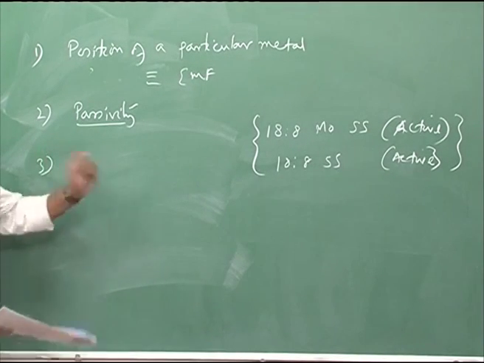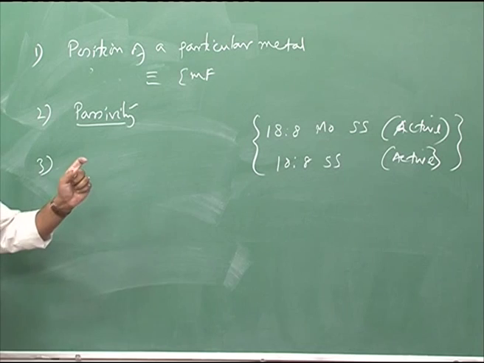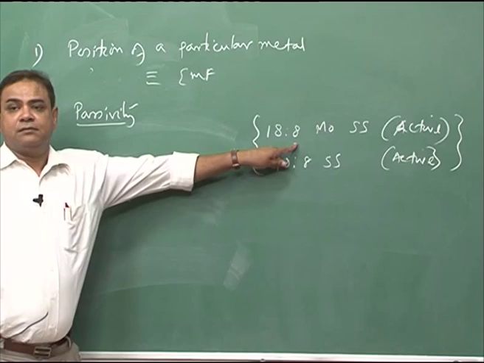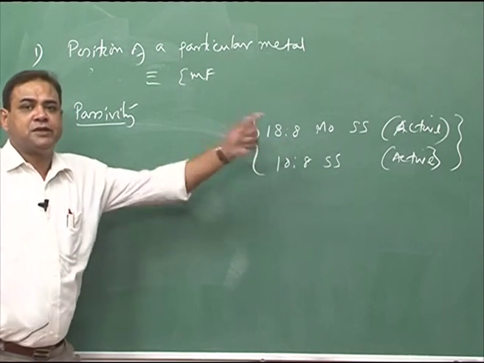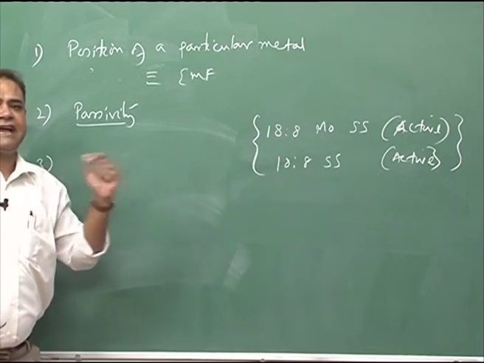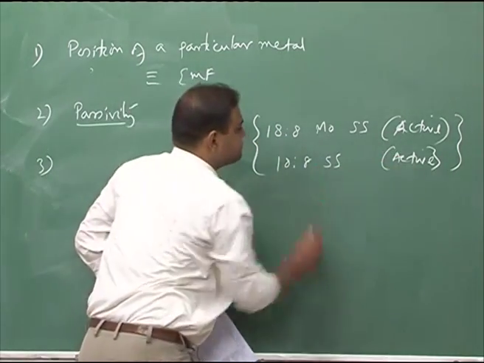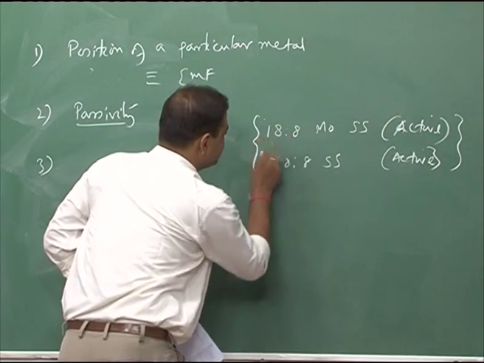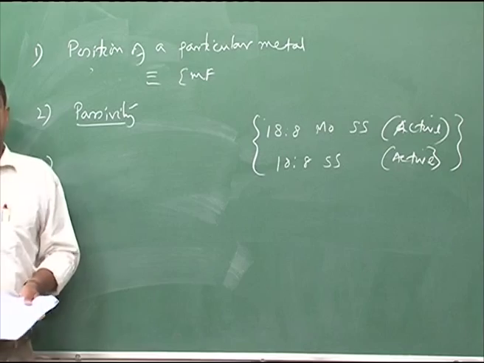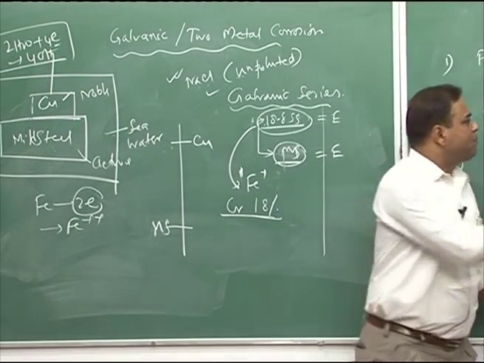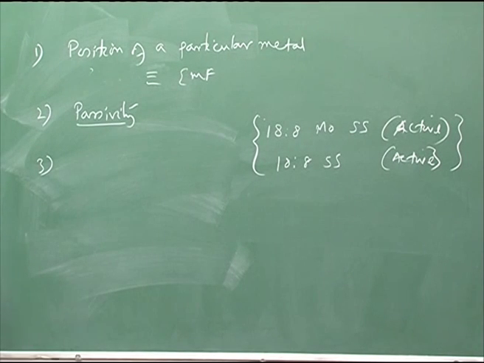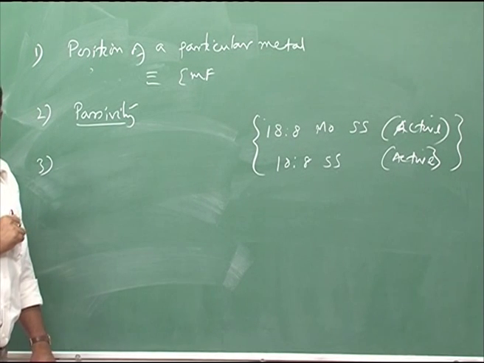Until the passive layer forms, the metal cannot behave as a passive metal. The passivity depends on the solution, and until the passive layer forms, it will always act as active. So, when in the active state, these two metals will always behave similarly in that particular solution, meaning both will have the same level of free corrosion potential.